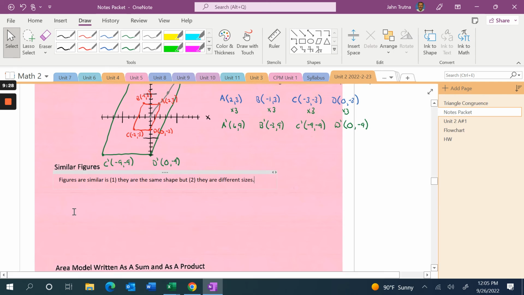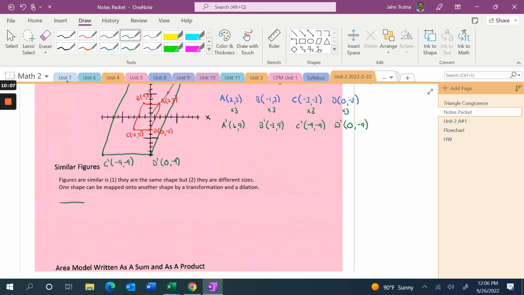Okay, so similar shape, the definition that we use is that they are the same shape, that they are different sizes, okay? And it means that one shape can be mapped onto another shape by a transformation and a dilation, okay? So let's take a look at what all this means, and how do we tell if shapes are similar to one another.